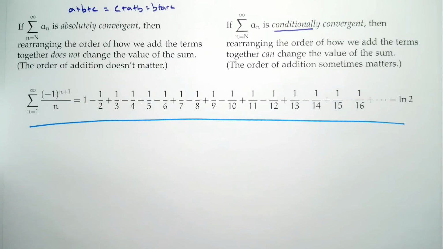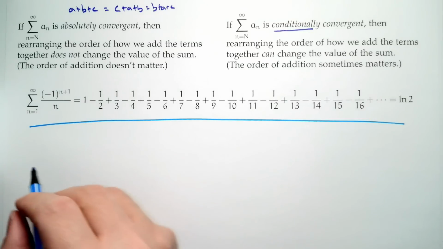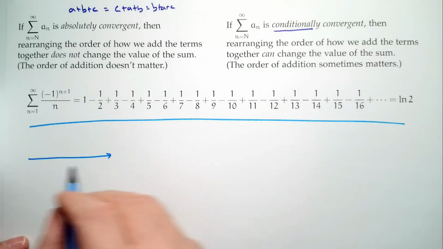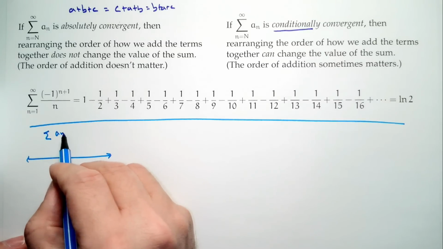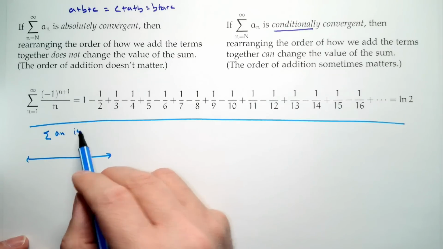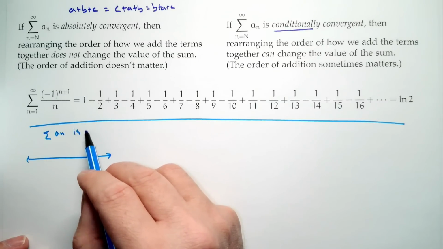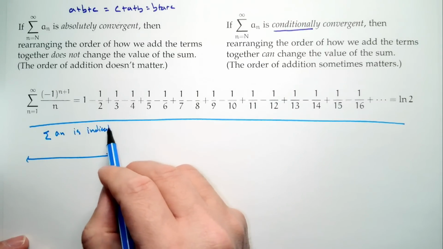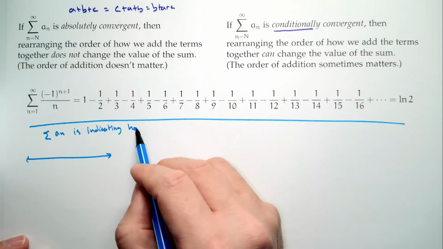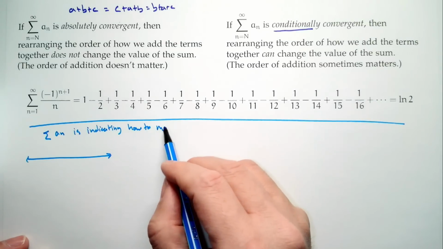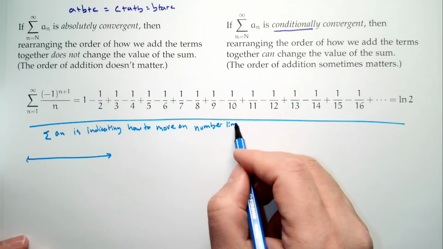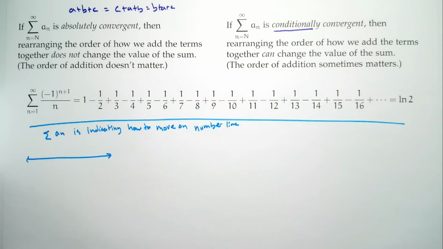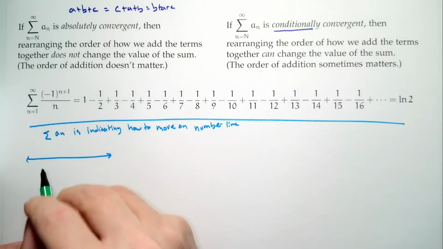So here's one way to think about it. When I'm adding up the sums, the sum of a sub n is telling me how to move on the number line. I start at some place, and this is the same picture that we saw, by the way, at the very beginning today.